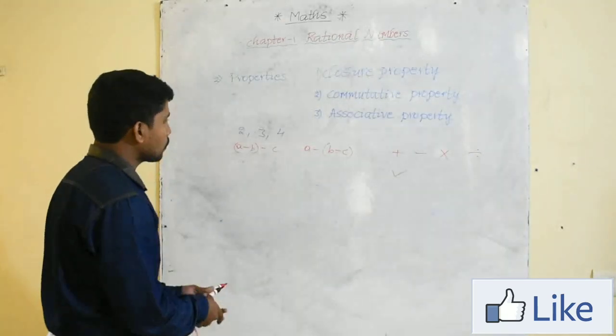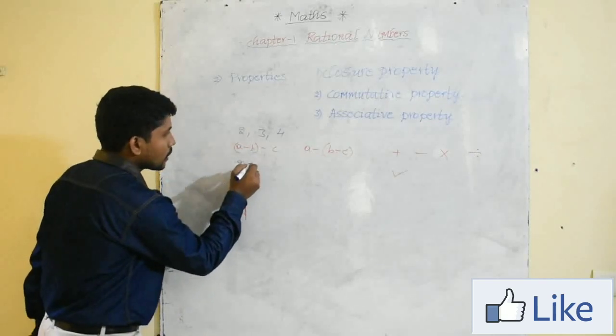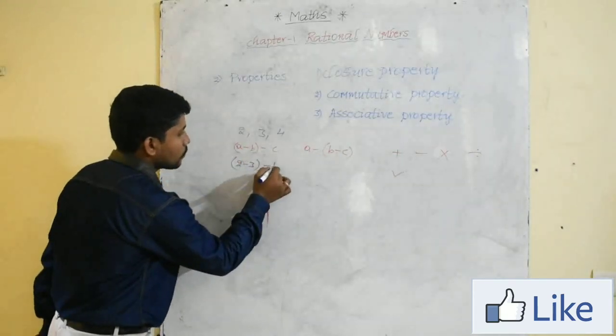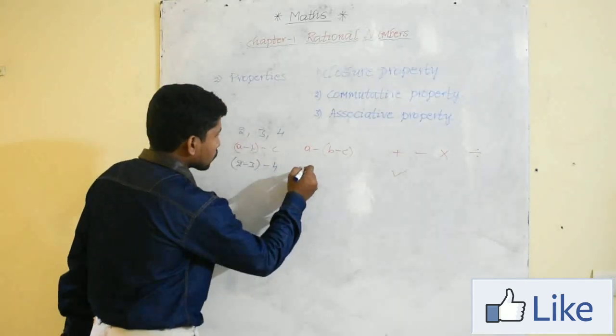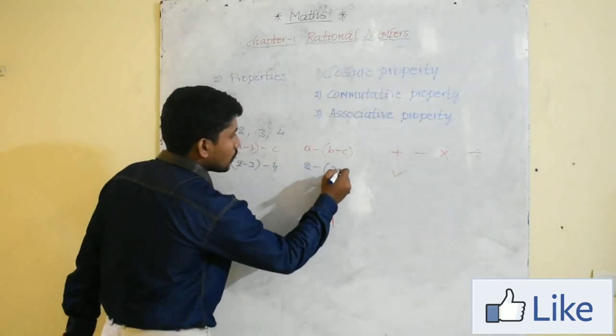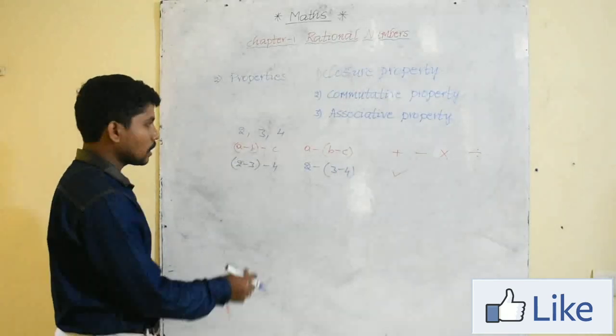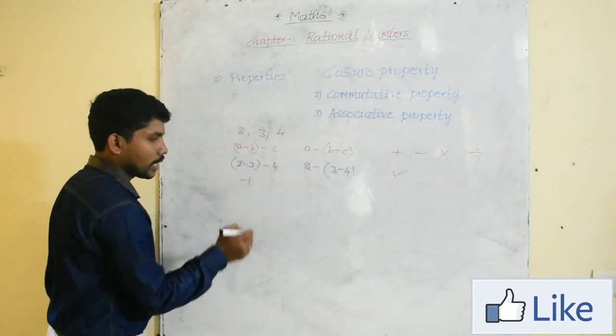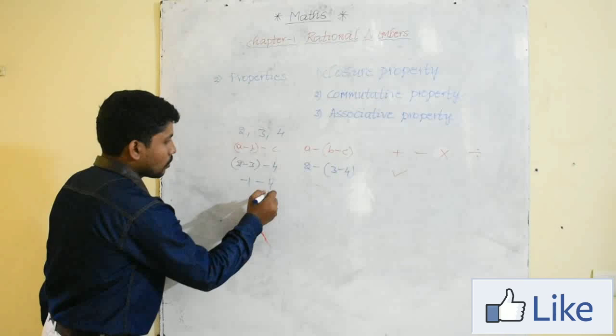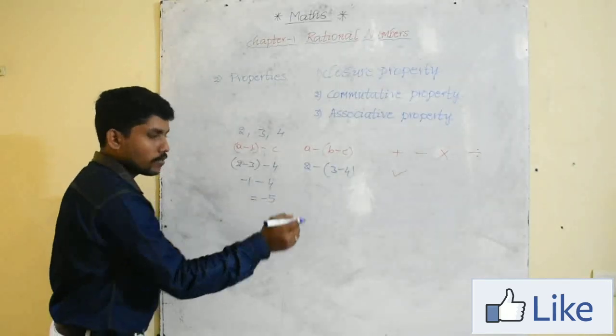So apply the same numbers: (2 minus 3) minus 4, or 2 minus (3 minus 4). If you clearly observe here, 2 minus 3 is minus 1, and minus 1 minus 4 results in minus 5.